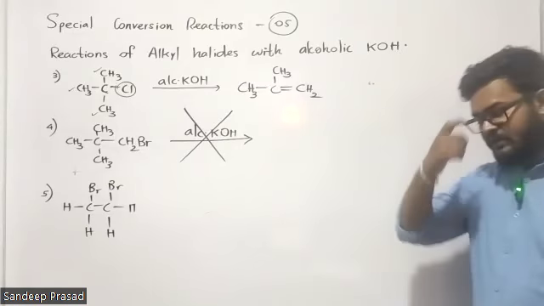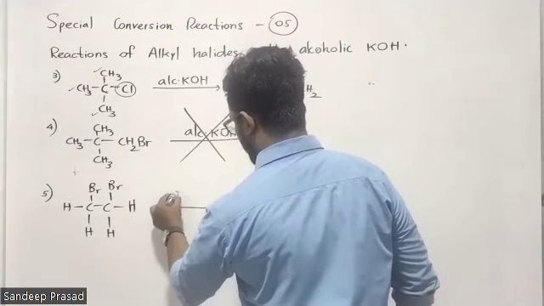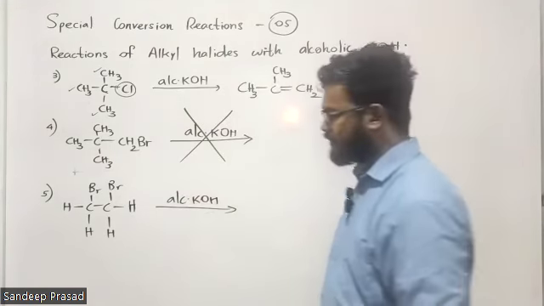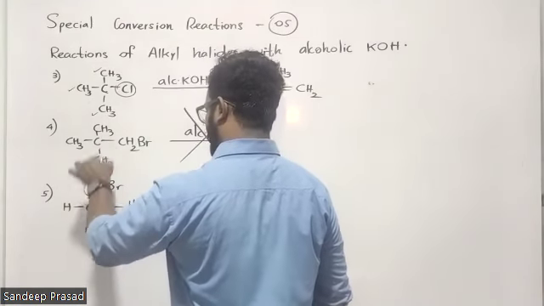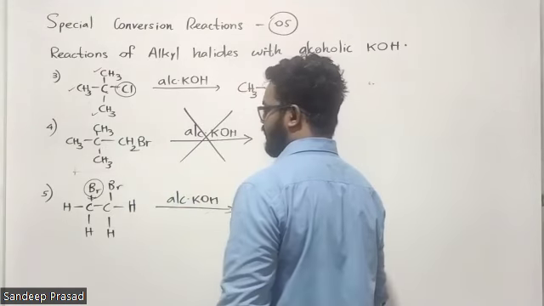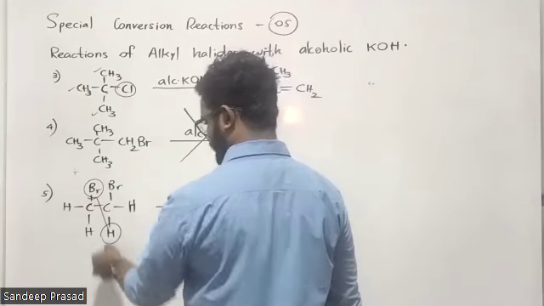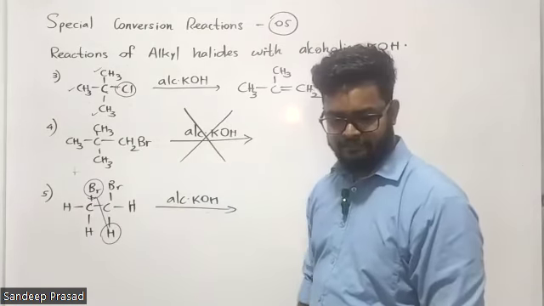Then both the halide atoms should be eliminated from the compound. So let me consider this carbon atom connected to bromine. That bromine should be eliminated with the neighboring carbon atom's hydrogen. Let me take this one. So this bromine atom and hydrogen are eliminated.